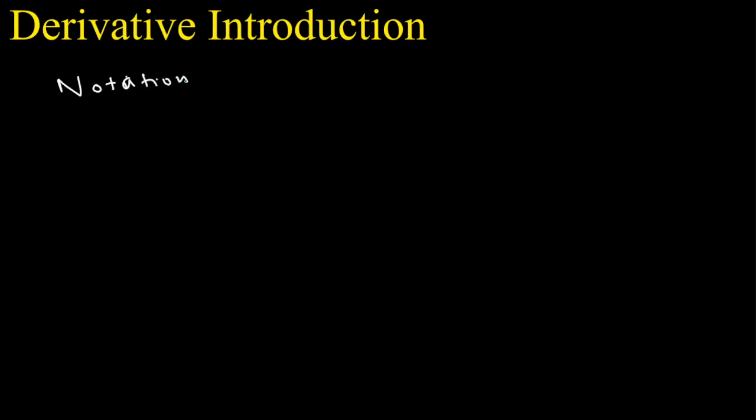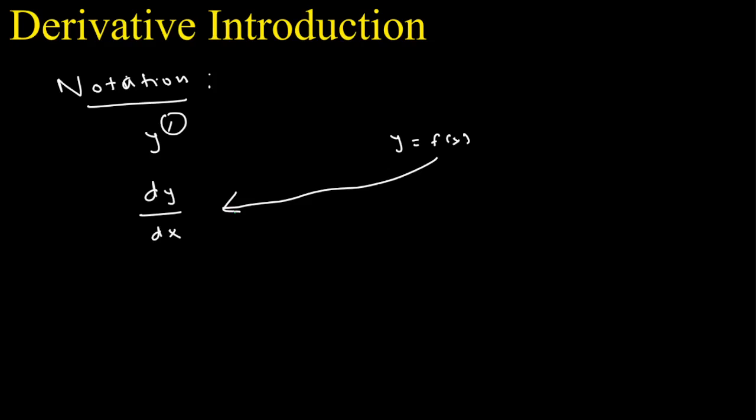There's no standard definition of how to represent a derivative. There are multiple ways. Whenever you have y prime, that means it's the derivative of the function y. Similarly, you can write dy over dx, which also means the derivative of y with respect to the variable x. So when you have a function y equals f of x, the derivative can be shown like that.